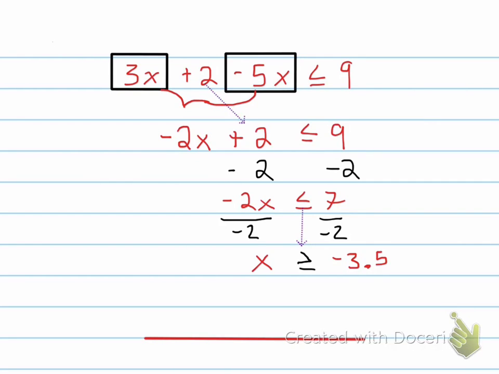So, with something like this, again, you could just make this 3.5 and this negative 3.5. And it's greater than or equal to, so it's closed and getting bigger.